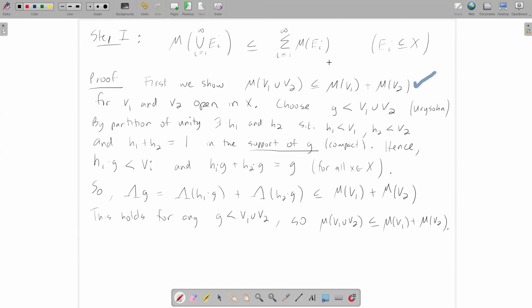Now observe if the measure of E_i is equal to infinity for some i, then the result is clearly true. All right, let me just explain that.